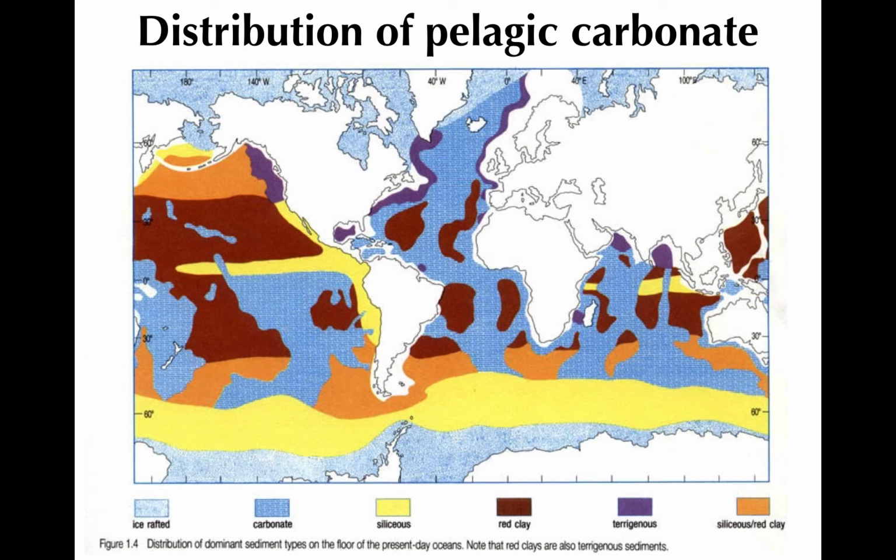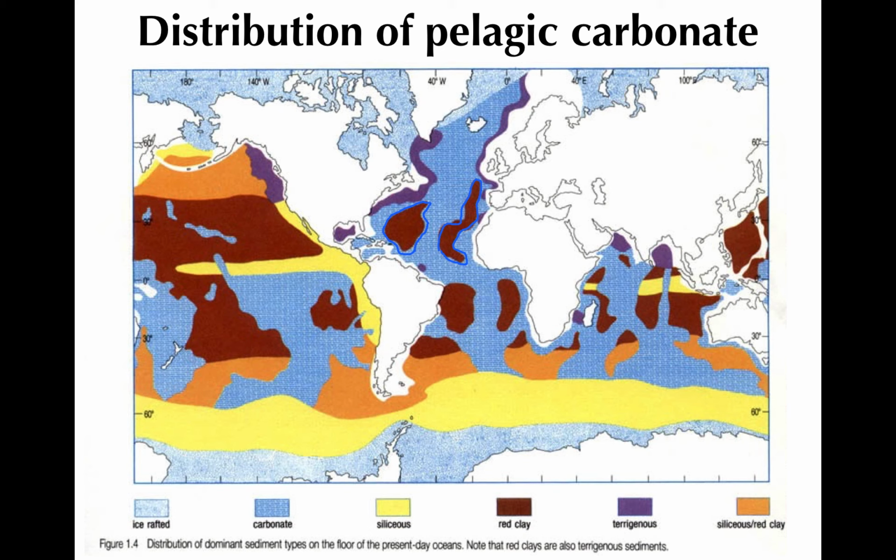The pelagic carbonate factory produces carbonate virtually everywhere on the sea surface, but that carbonate only accumulates in regions of the seafloor that lie above the carbonate compensation depth. So all of these red areas here are deeper parts of the seafloor that lie below the CCD, and therefore any carbonate produced on the sea surface will sink down and dissolve before it gets to the bottom.